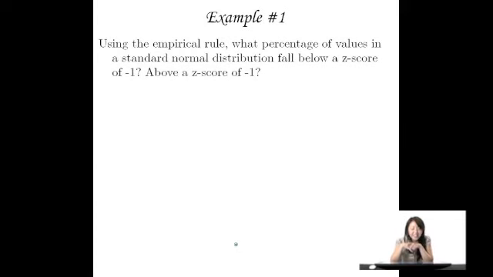Okay, so example 1. Using the empirical rule, what percentage of values in a standard normal distribution fall below the z-score of -1, or what falls above a z-score of -1? Although we haven't quite covered the standard normal distribution yet, let's assume that it's the normal distribution we've been talking about. We'll define it in the next lesson. It's when you don't know any of the actual values and you just know the z-scores, or what we call the standard deviations.